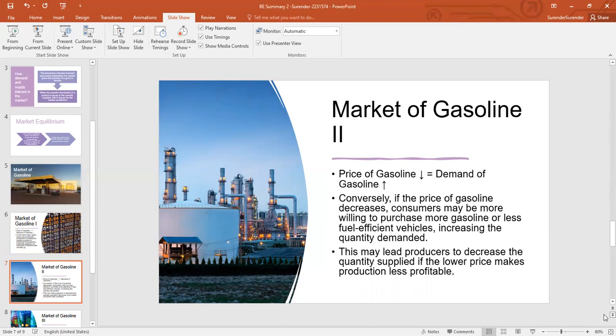When the market price of gasoline decreases, the producer may decrease the quantity supplied, because production becomes less profitable for the manufacturers.